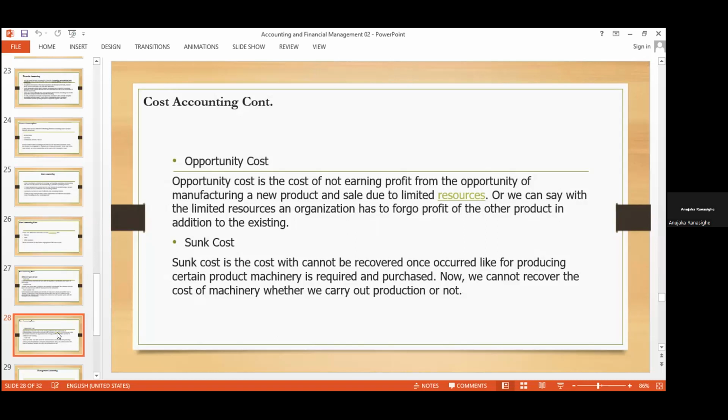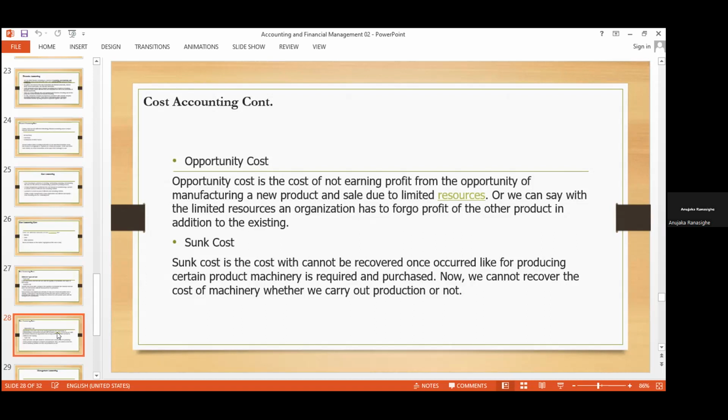Sunk cost is the cost which cannot be recovered once occurred. Some examples are machinery cost, vehicle cost, and building rental amount.